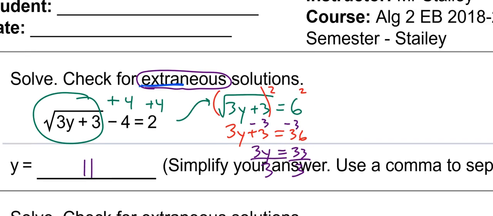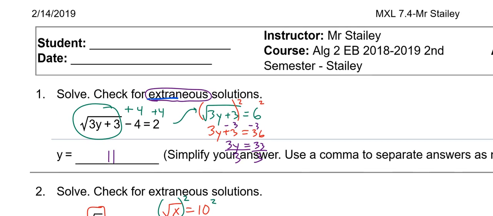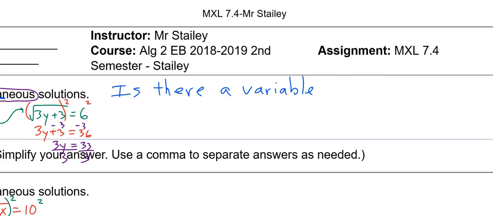Okay? Here's the rule that you should look for. Is there a variable outside the radical?